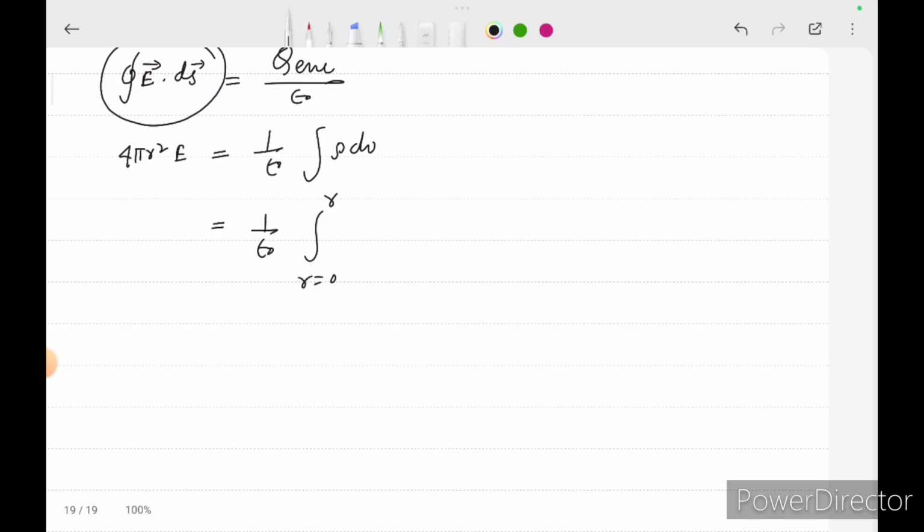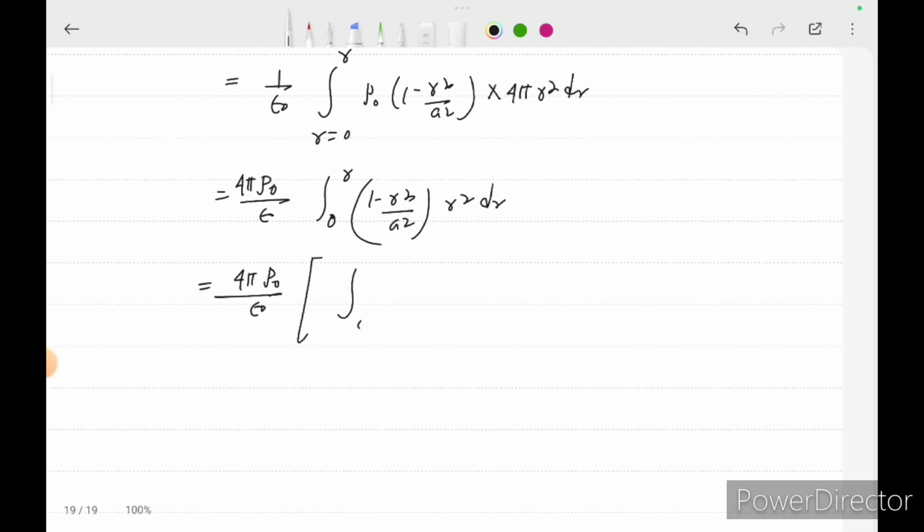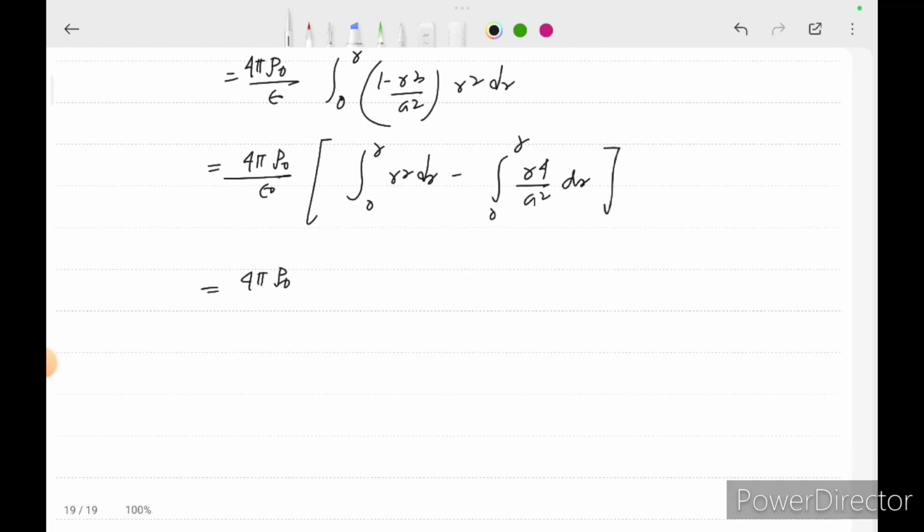So this is equal to rho naught times (1 minus r squared upon a squared), and dV is nothing but 4 pi r squared dr. So rho naught upon epsilon naught, 4 pi also taken out, integral from 0 to r of (1 minus r squared upon a squared) dr, which equals 4 pi rho naught upon epsilon naught times integral of r squared dr minus integral of r to the power 4 upon a squared dr. Let's solve the integrations, it's very easy.